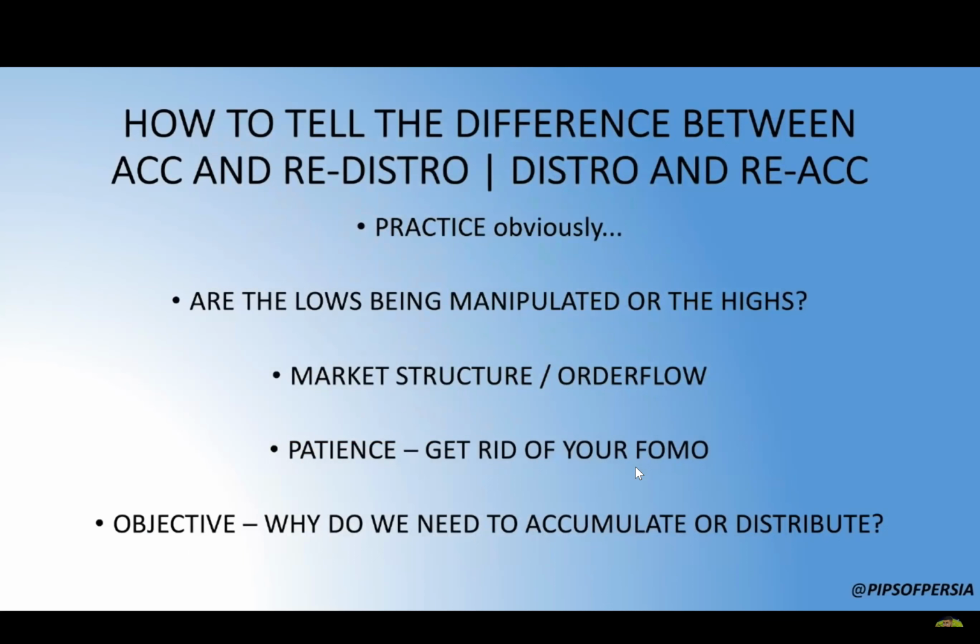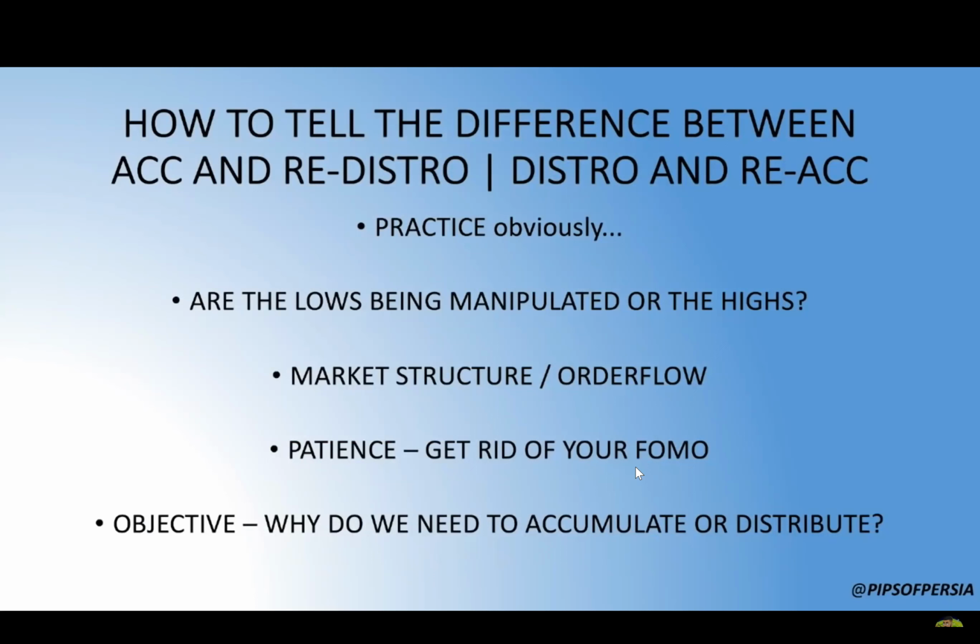But generally, why do we need to accumulate or distribute? This is what I meant when I was talking about the higher time frame bias, because sometimes I would want to see what type of institutional candles we are trading into on the higher time frames, and perhaps on the lower time frames, then expect to see some type of accumulation or distribution. Because now I have a higher time frame objective.